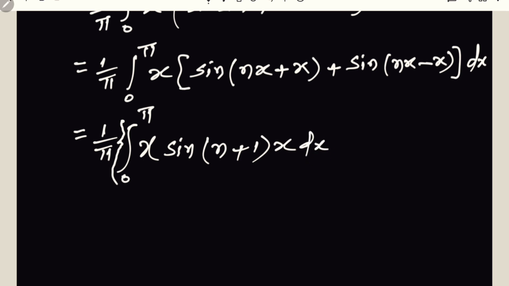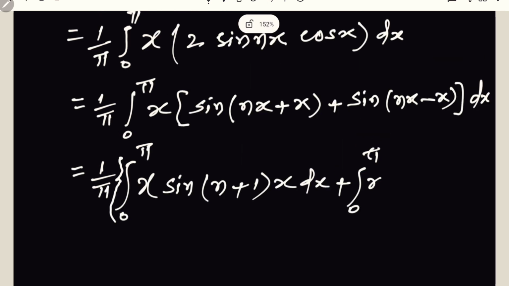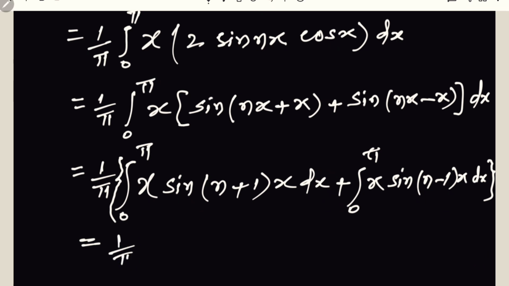And second integral becomes integration from 0 to pi of x into sine of n minus 1 times x dx. We call the first one I1 and second I2. Therefore, 1 by pi multiplied by I1 plus I2, and we call this equation number 2.